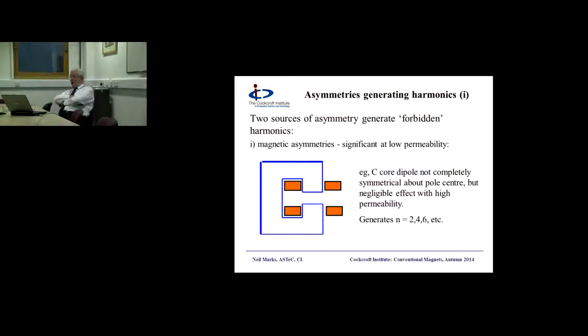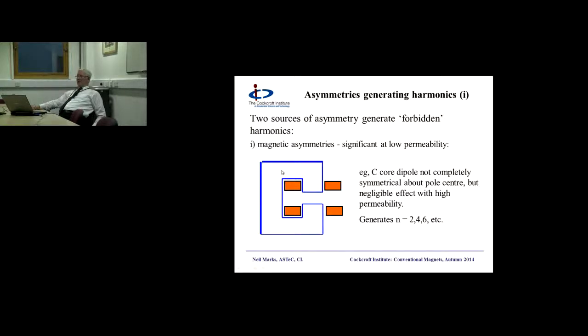The simple answer is no, it's not, because there's a return yoke on the left-hand side, but there's no return yoke on the right-hand side. Agreed, the coils are symmetrically placed, and as are the cut-offs of the poles, but not this back leg. So it does mean that there's going to be some asymmetry present.